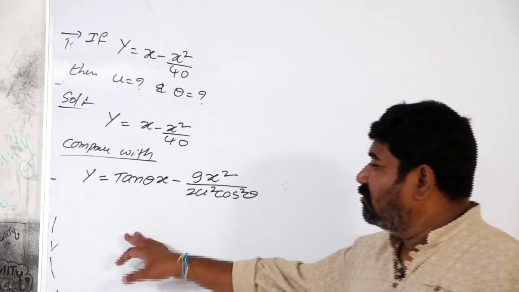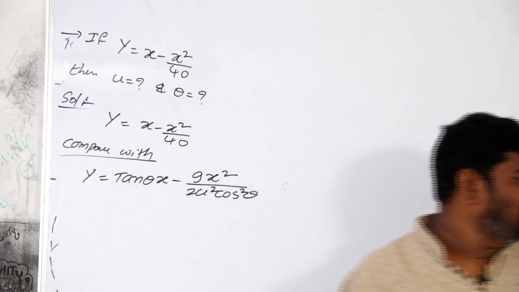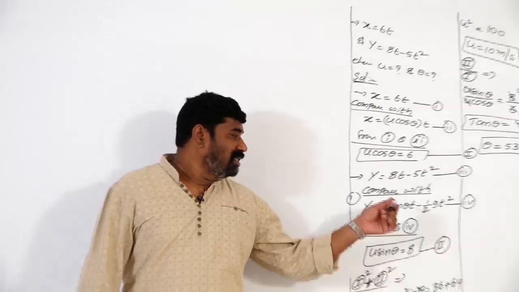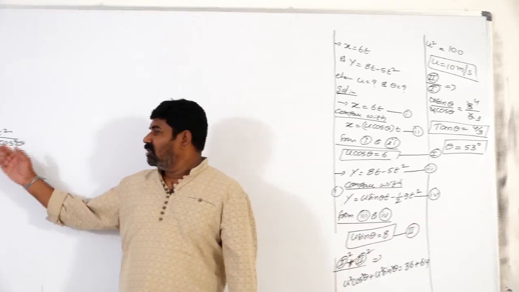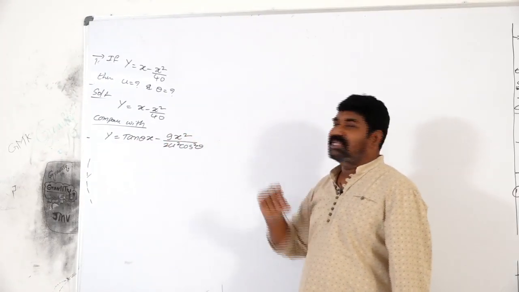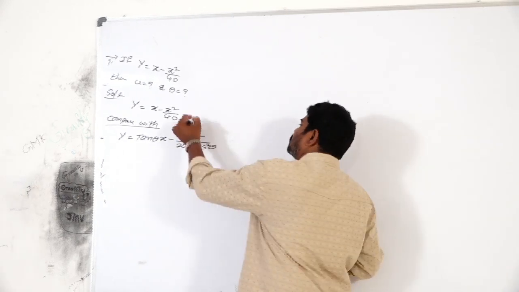That is the relation between y and x. What is the relation between y and t? That is y is equal to u sin theta into t minus half g t square. But t is equal to x by u cos theta when we are substituting. Then y is equal to tan theta x minus g x square by 2u square cos square theta.